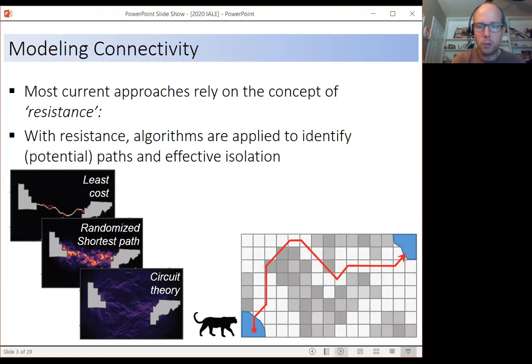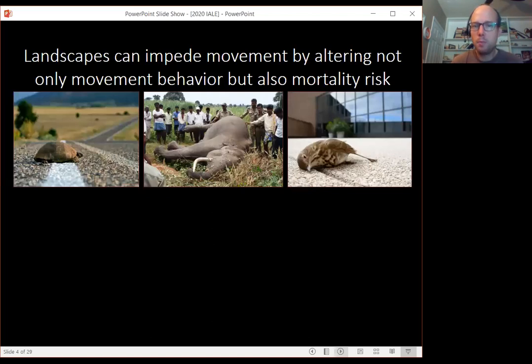And we've been interested in this problem, and in particular, in understanding better how resistance can impede movement, because landscapes can impede movement in two fundamentally different ways.